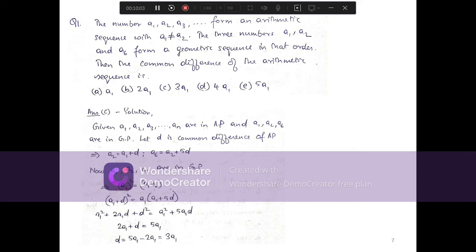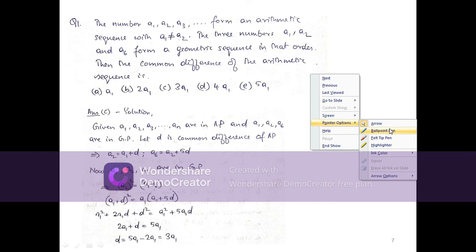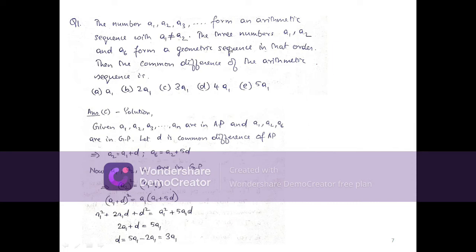The numbers a1, a2, a3, etc. form an arithmetic sequence with a1 not equal to a2. The three numbers a1, a2 and a6 form a geometric sequence in that order.